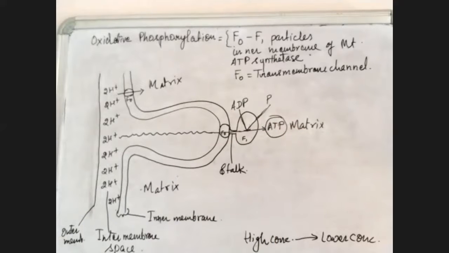So this way, due to the breakdown of the proton gradient, the energy is released, and that energy in the F1 particle helps to combine ADP with inorganic phosphate, with the release of an ATP molecule. This process is known as oxidative phosphorylation, which takes place for the synthesis of ATP molecule.